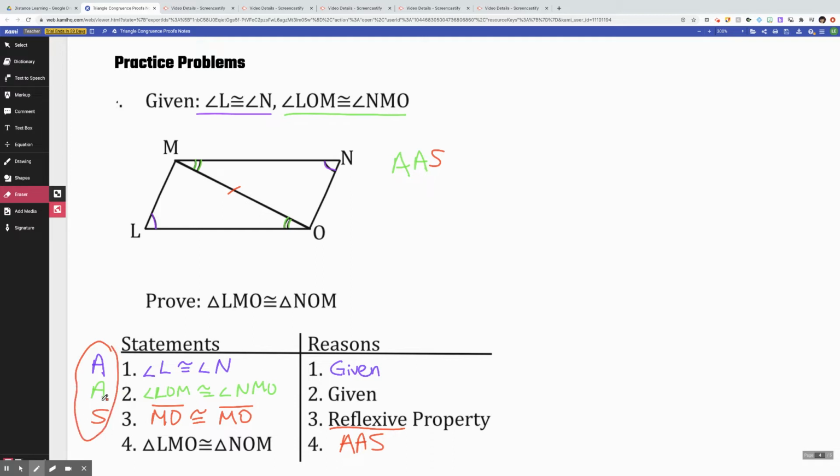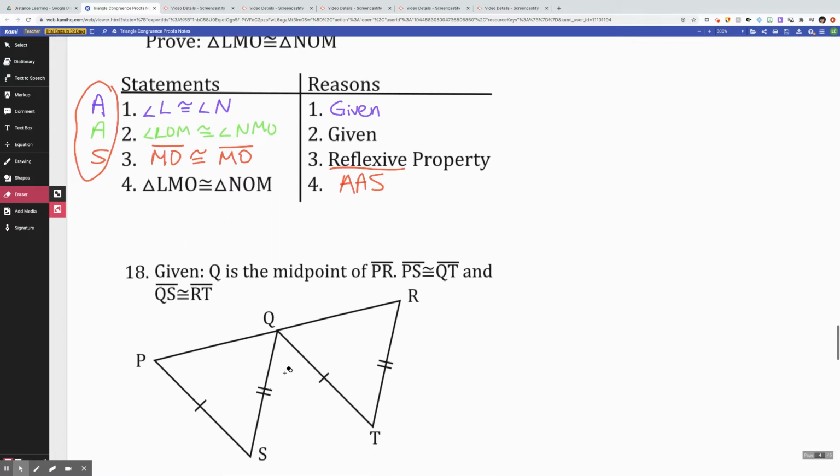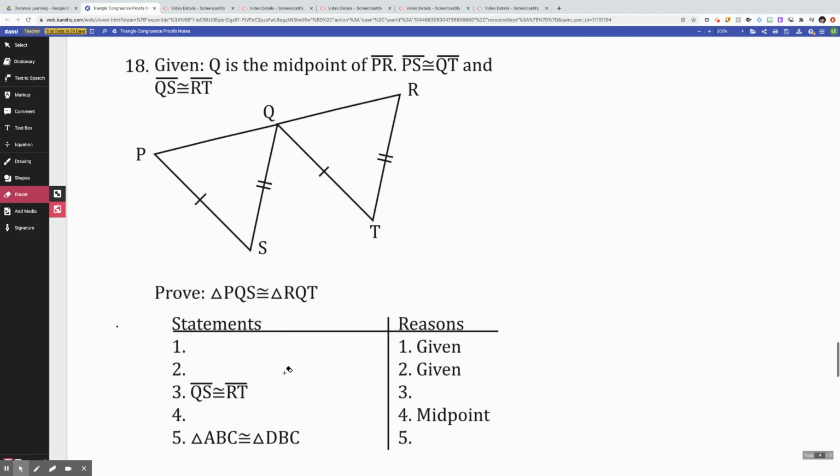I mostly do that for you all so that you can see where the angles and the sides come from. When you are writing proofs, you don't have to do this on the side. You can if you want to, if it's something that is helpful to you, but it's not something you have to do.